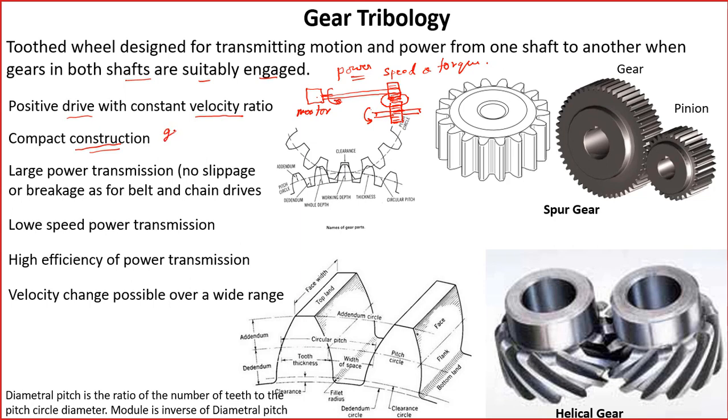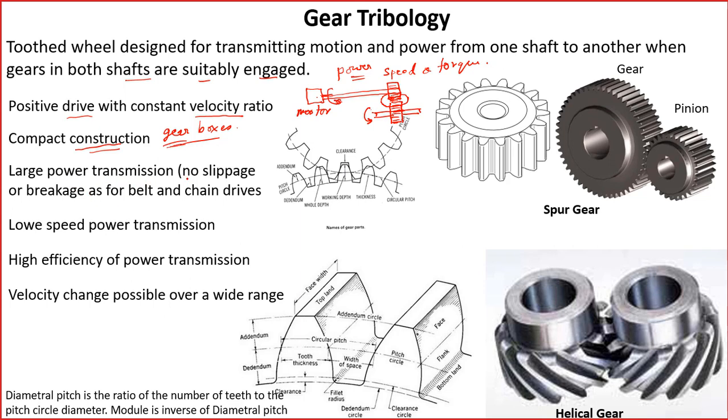For example, gearboxes in our automotive systems, our cars, are very compact and we can use them very effectively. Imagine if these gearboxes were not there and we were going to use belts and chains, it would not be compact. For smaller machines like a bicycle we can use a chain drive, but for equipment where the speed is very high, we need gearboxes.